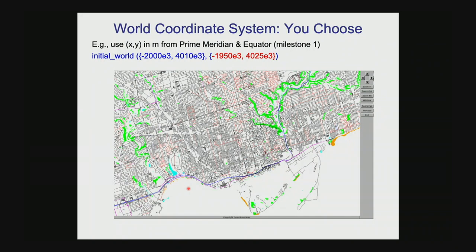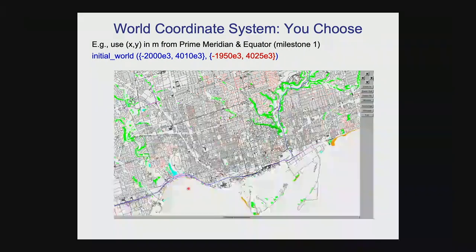Remember, in milestone 1, we tried to map the latitude and longitude of different cities to meters, to XY coordinates in meters over some flat surface of the Earth. Okay, and that's the logical thing to do, because ECE297 has something called a transformation matrix. So whenever you change your coordinates, zoom in and zoom out, it will use that transformation matrix and try to map it to your initial world coordinates.